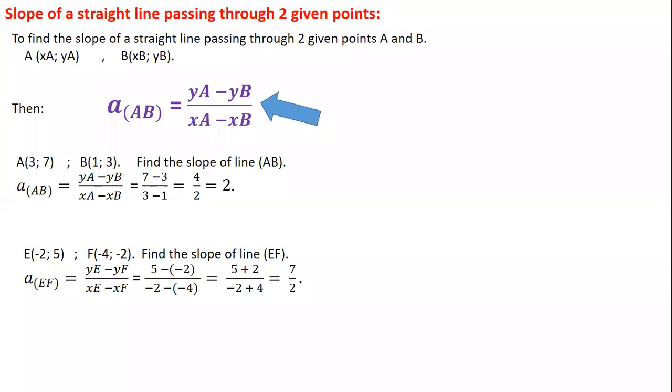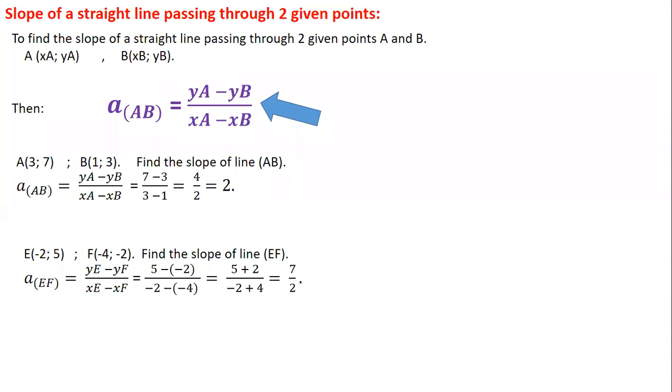Yes, miss. Okay, we were talking about how to determine the slope of a straight line passing through two given points, Syrian. Please read the rule written in purple in front of you. Slope of a straight line AB is equal to YA minus YB over XA minus XB.